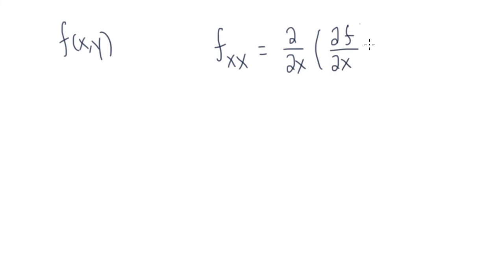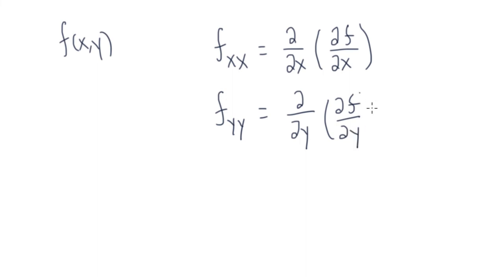So you just take the derivative with respect to x twice, keeping y fixed. We also have the second derivative with respect to y. That's not so surprising. But the interesting thing happens when we look at these two functions.